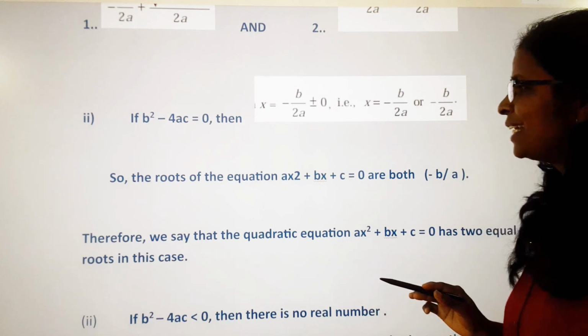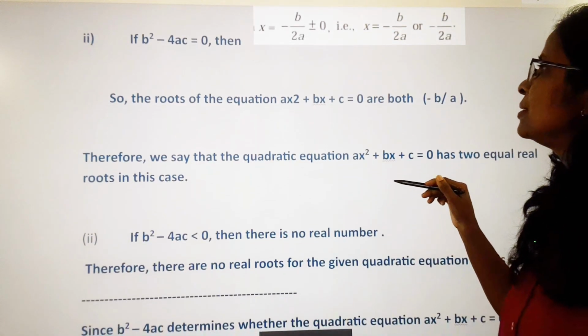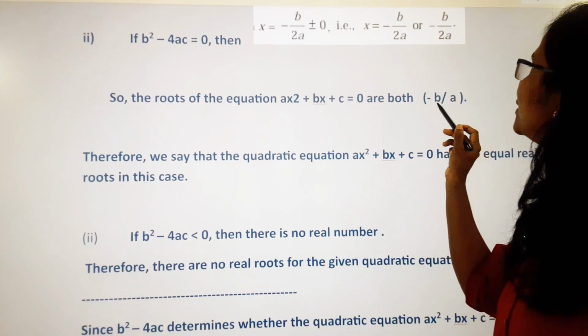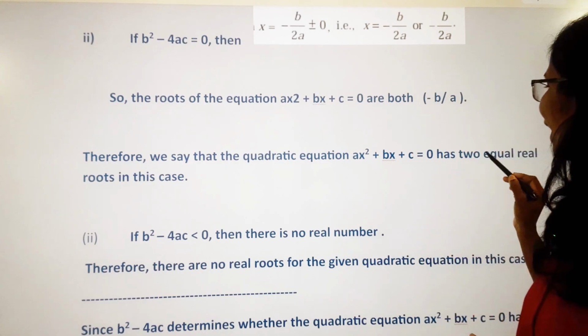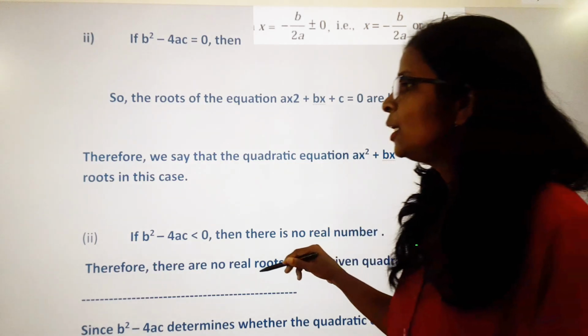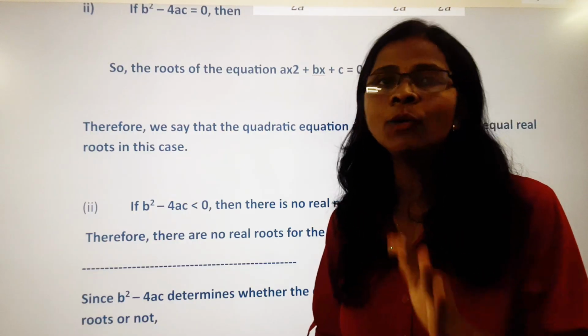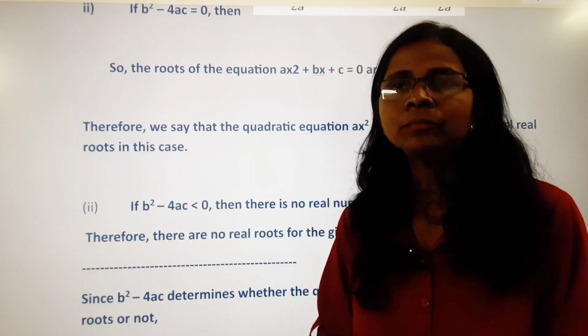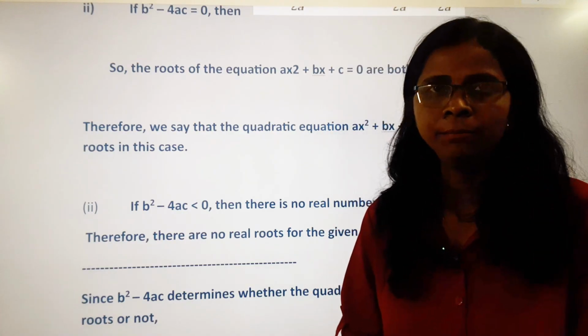So the roots of the equation ax² + bx + c are both -b/2a, and it has two equal real roots in this case. They are real roots but equal roots, that means both the values of x will be the same.